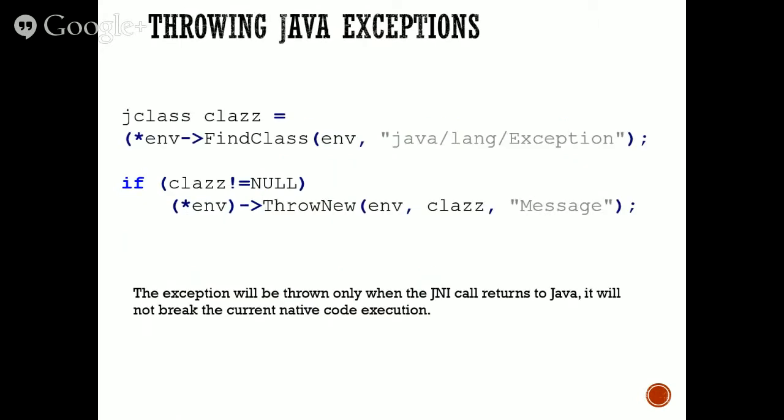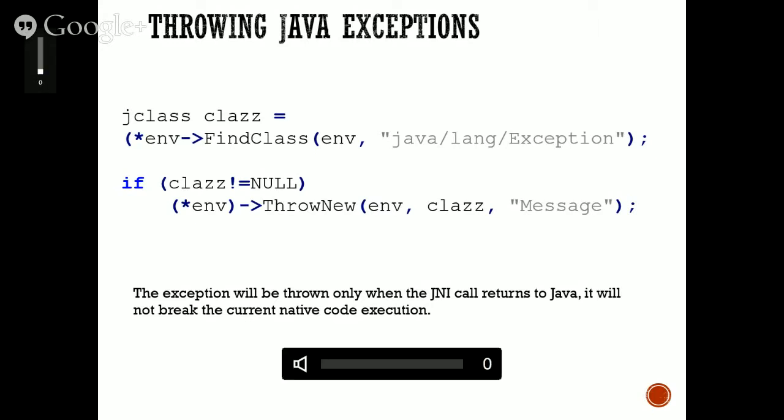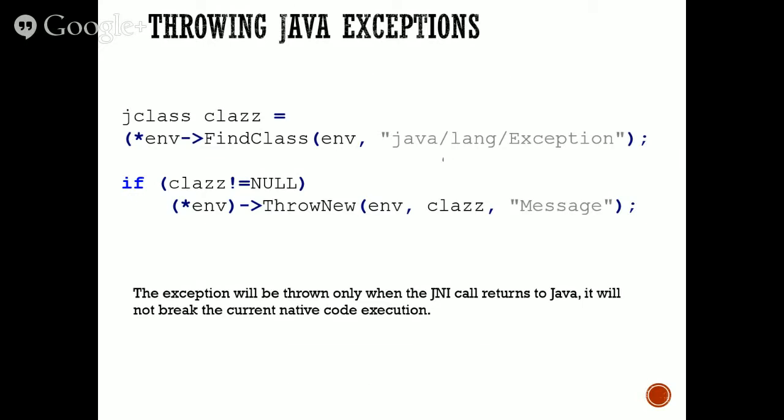The other one is the throwing of Java exceptions from the native code. All the time you will not be able to handle the exception. If you have to throw a Java exception, this is how you will be doing it. First, you get the reference to the Java exception class, and once you get the reference, you throw the message through this particular class.